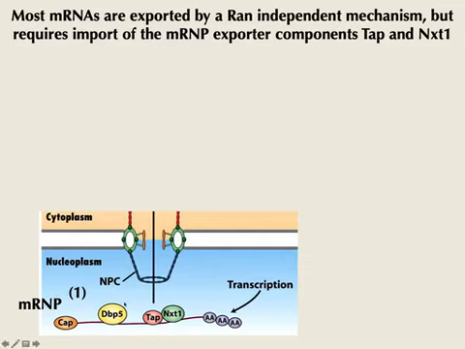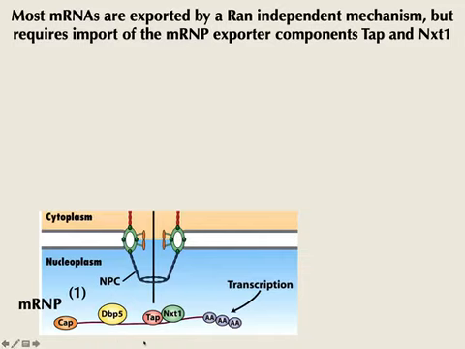Right, so there are just a couple key concepts I want to convey with this slide. One of them is that RNAs are never alone in cells. They are always associated with proteins, forming these ribonucleoprotein complexes, or RNPs.